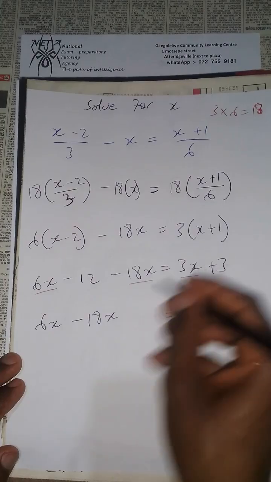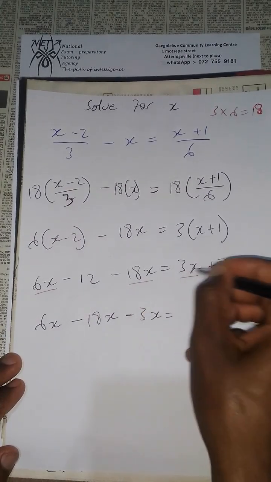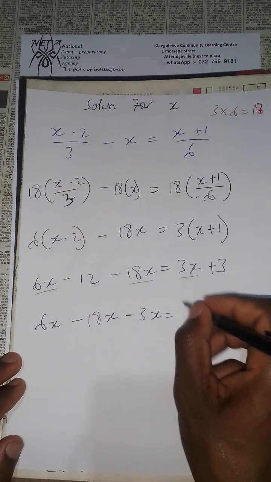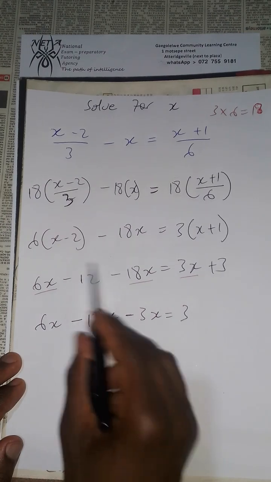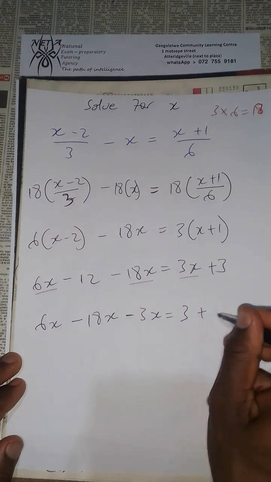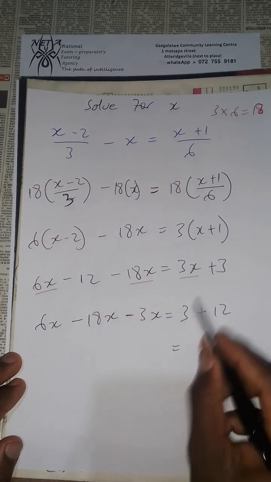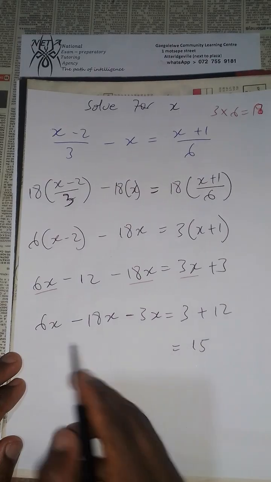Then we're going to pull it to this side of the equation with negative, because it's on that side with your positive. And when you pull this 3 to the other side, you are left with this 3 this side, and you also pull your negative 12 to the other side with positive 12. Now you punch this in on the calculator. 3 plus 12, you get the value of 15.